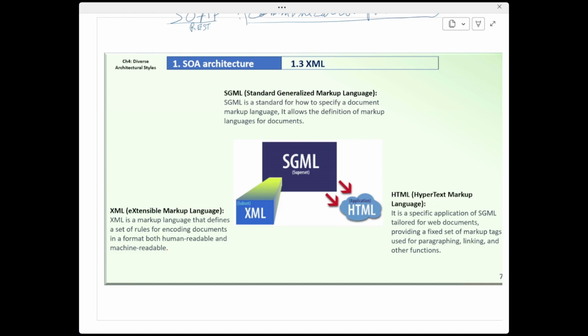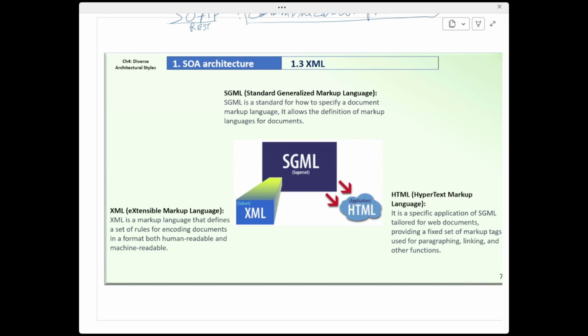XML is more generalized and allows users to define their own tags. But HTML is not a subset of SGML, it is an application of the whole SGML used in creating web pages.